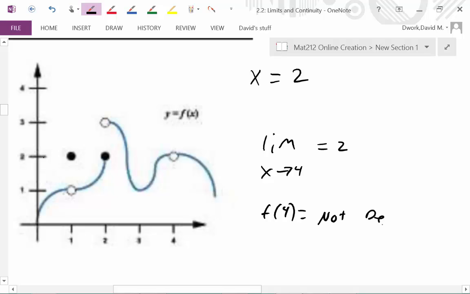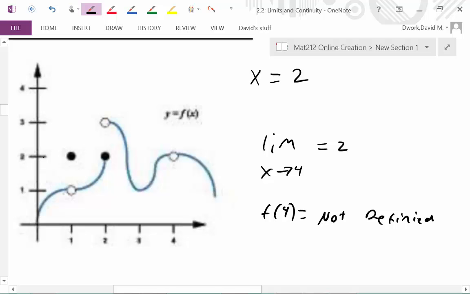Not defined. I hope I spelled that right. So even though there's no value when you plug in 4, we have no idea what y would be. There can still be a limit as you approach from one side. You're approaching 2. As you approach from the other side, you're approaching the y value of 2. So therefore, the limit is 2.